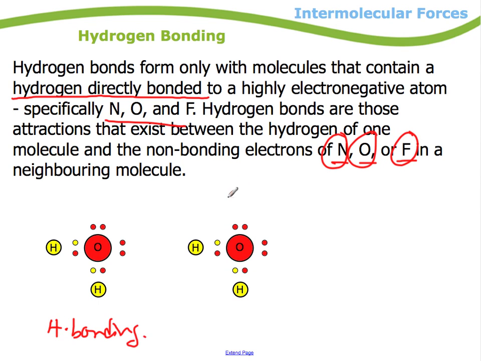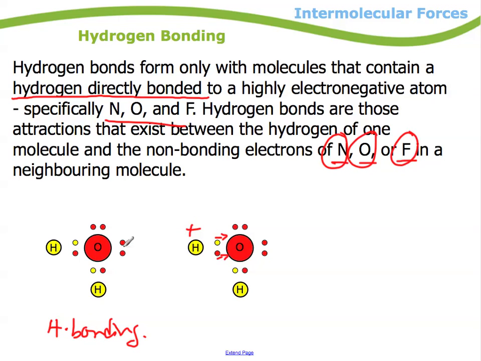Now, what is hydrogen bonding? Well, because oxygen is so highly electronegative, these electrons are spending most of their time by the oxygen, making hydrogen almost like a positive charge. It might be a partial positive, but it's almost a positive charge because oxygen is pulling those electrons so much. If it's positive, then it can be attracted to anything negative.